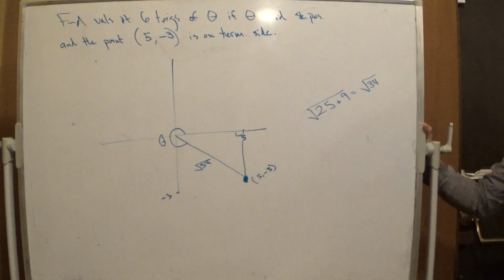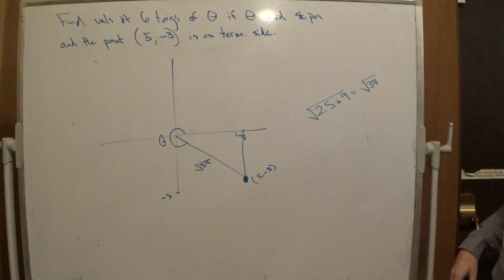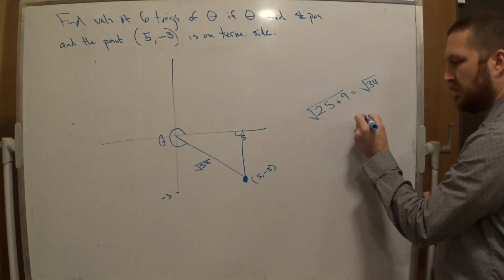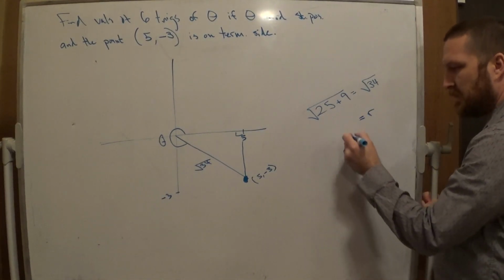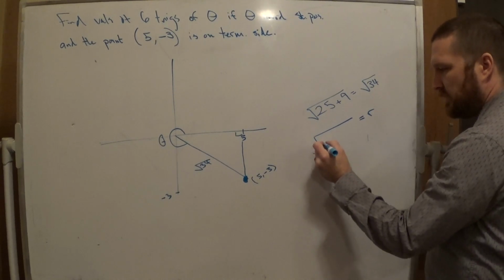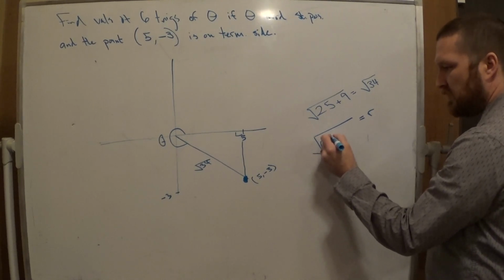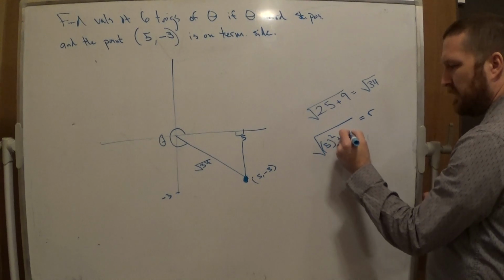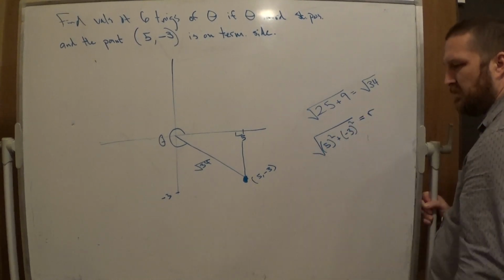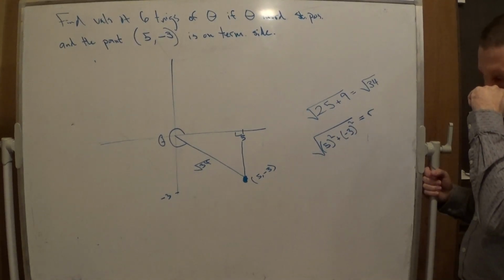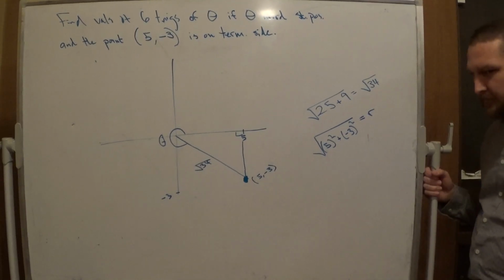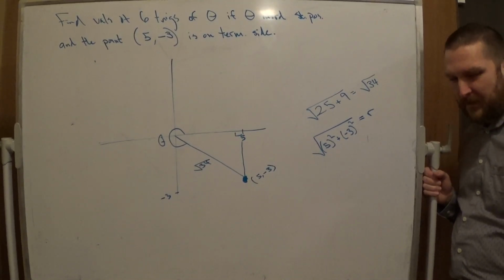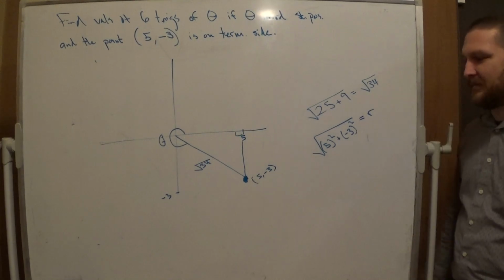So wait a second. This, in other words, the radius, you're telling me, is equal to whatever that first thing is squared, and then whatever the second thing is squared? Is that what you're telling me? Yeah. R squared equals x squared plus y squared.